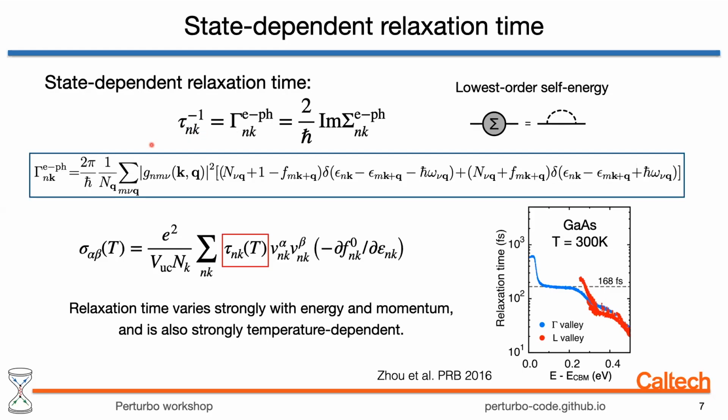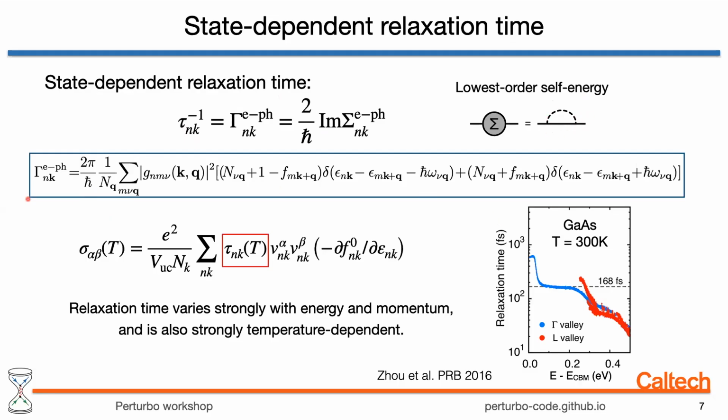The expression for the scattering rate, which is 1 over tau, or the inverse of tau, can be derived using Fermi's golden rule or many-body theory, where the scattering rate is the same as 2 times the imaginary part of the self-energy, where the self-energy is taken to the lowest order, i.e. the first diagram, which is this one.